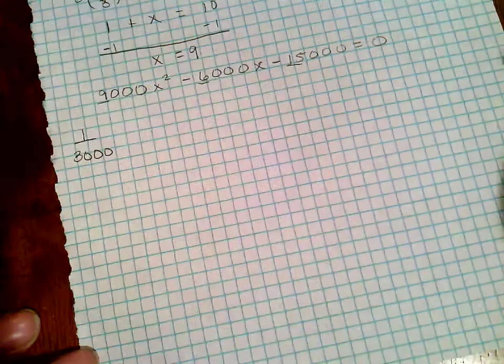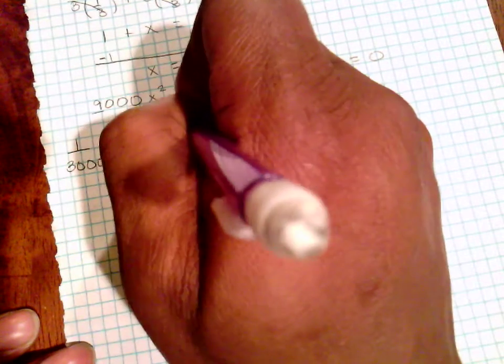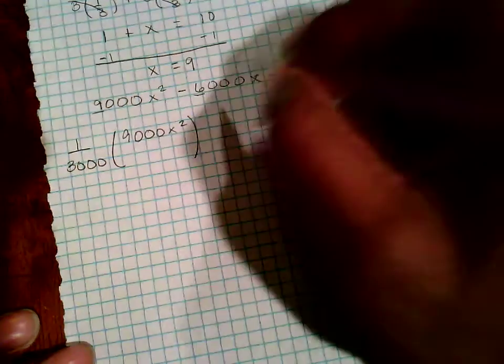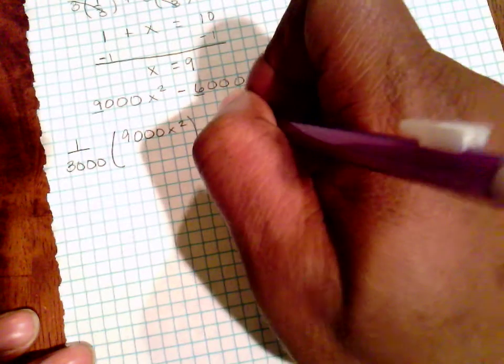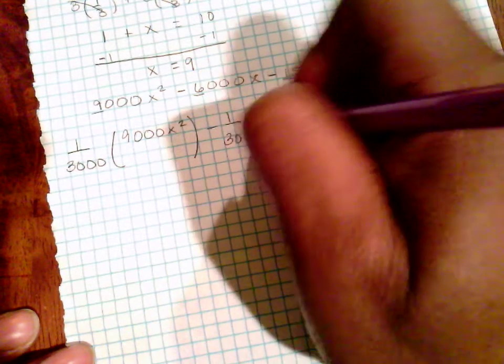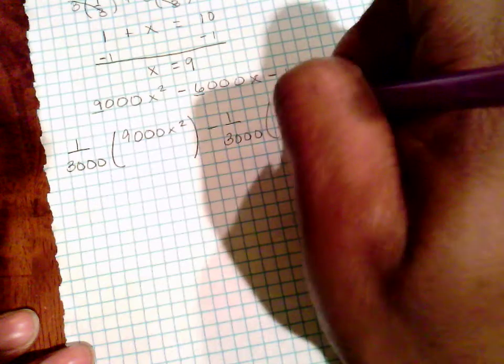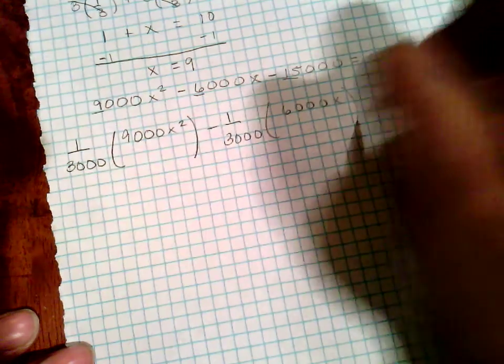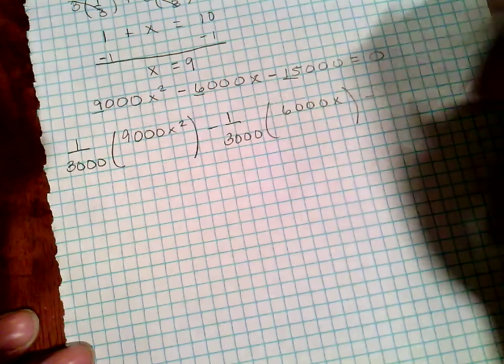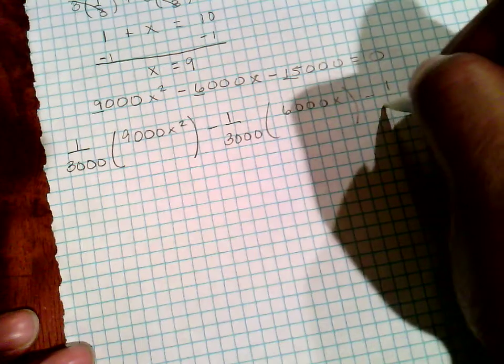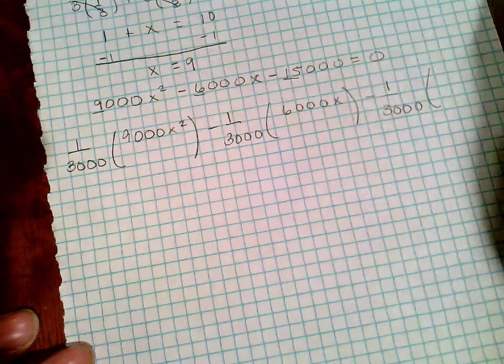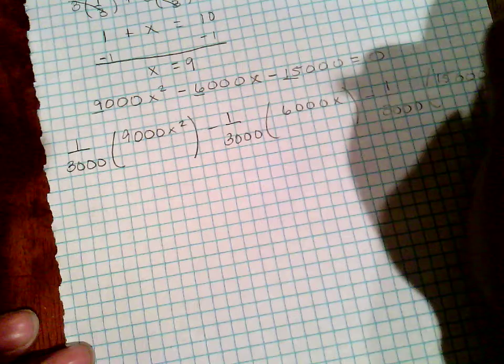Or 1 over 3,000 times each term, minus 1 over 3,000 times 15,000.